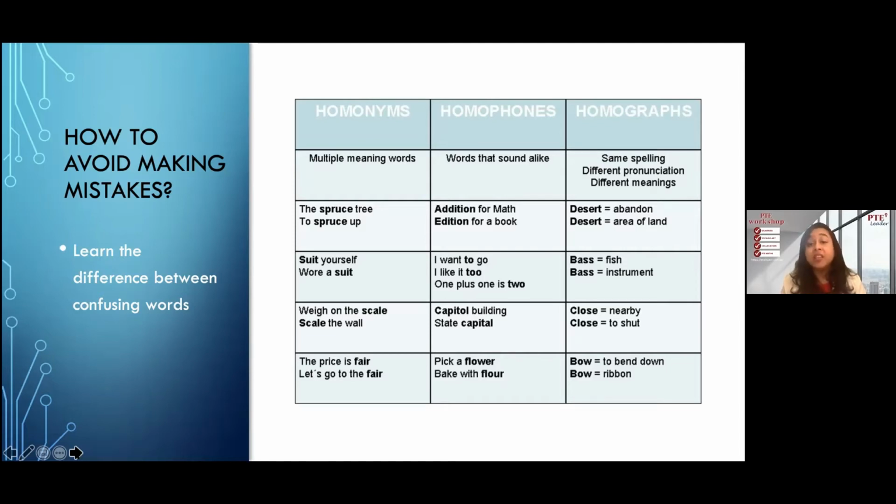So the spelling is the same, B-A-S-S, but when you're pronouncing it, you're saying it differently. So yeah, sometimes we can't just rely on the pronunciation, because pronunciation and spelling are quite different for some words. And if you are not aware of these things, you will make many mistakes in the listening section, where you have to listen to something and then write something.